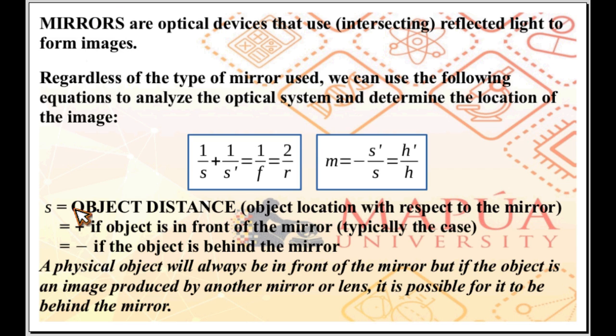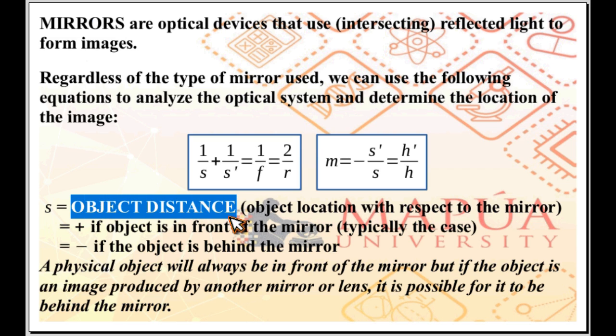S is referred to as the object distance, location of the object with respect to the mirror. So even though we call it distance, we're actually talking about location, in particular object location with respect to the mirror. How far is the object from the mirror, and which side of the mirror is the object located?